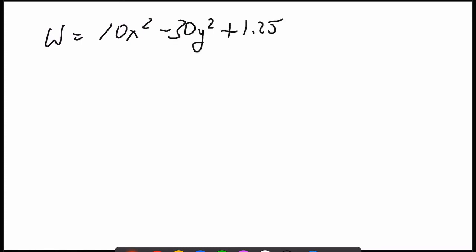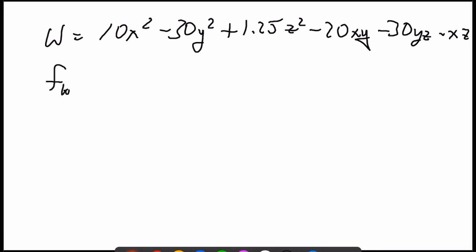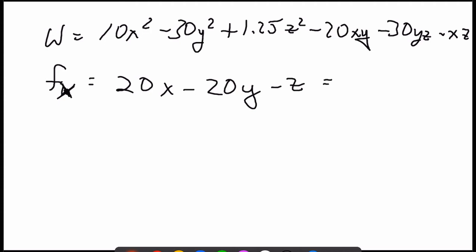All right? So how about this now? Okay, beautiful. You know where we're going and you're thrilled. So I've got to find the partial of this with respect to x, which would be 20x minus 20y minus z. Set that equal to 0.